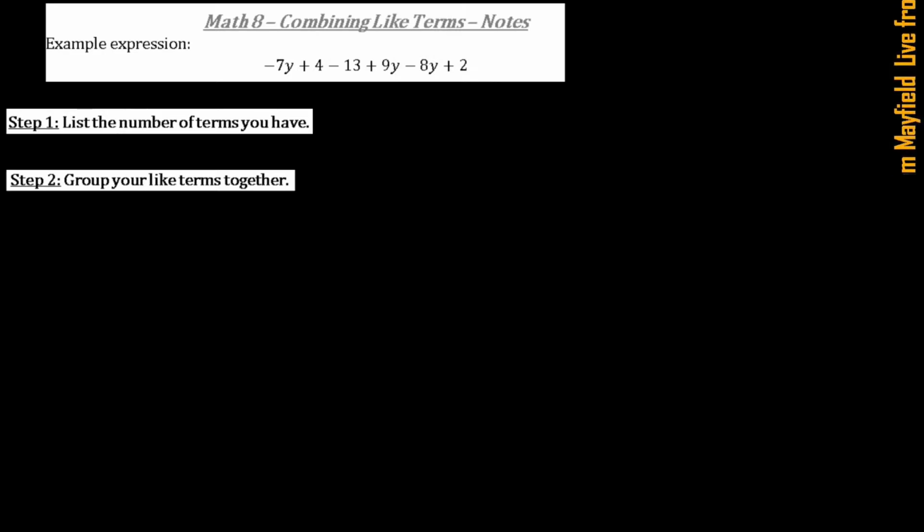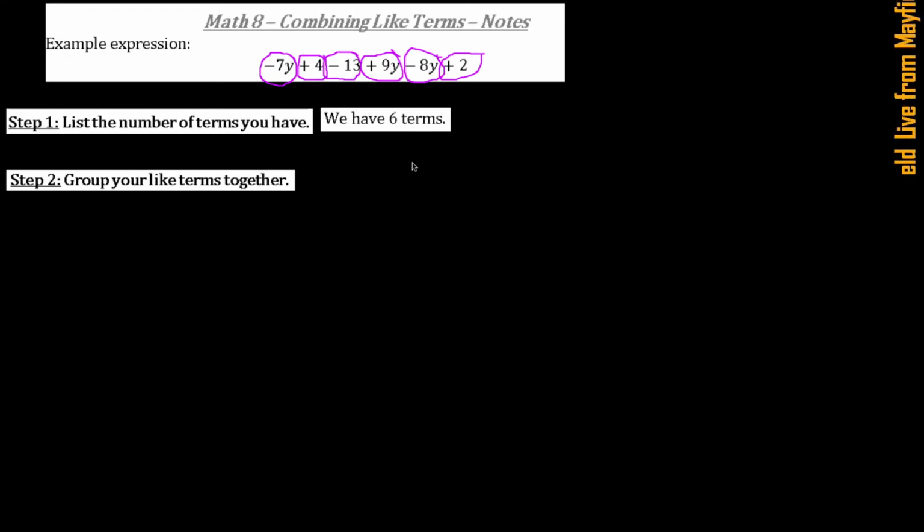So what are our terms? A term is this entire value here. It includes that sign. So you have 1, 2, 3, 4, 5, and 6. So we'd say we have 6 total terms.